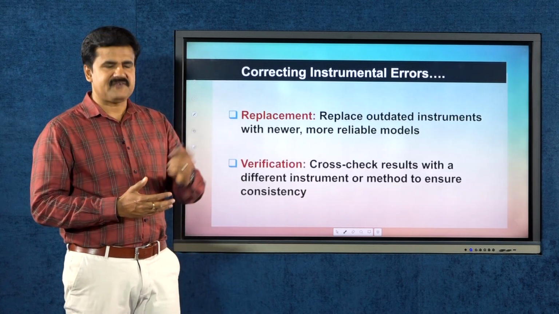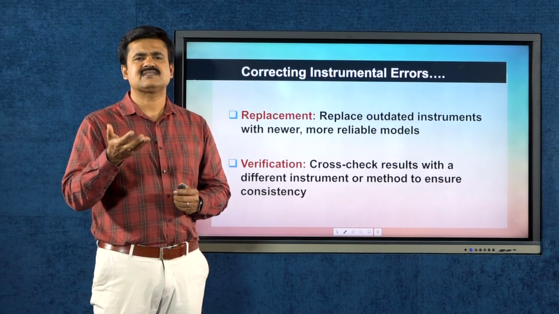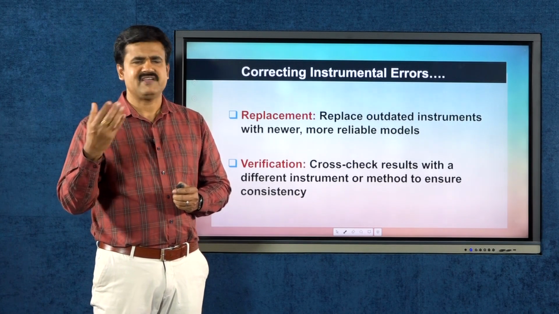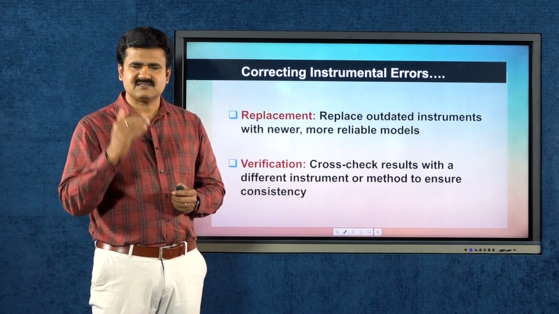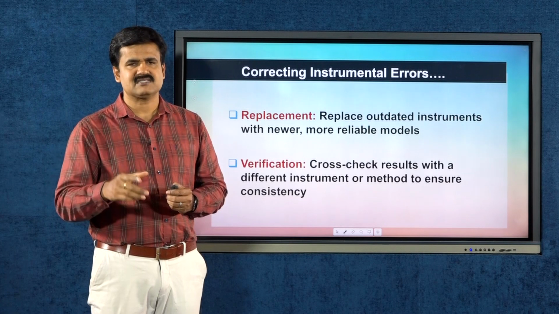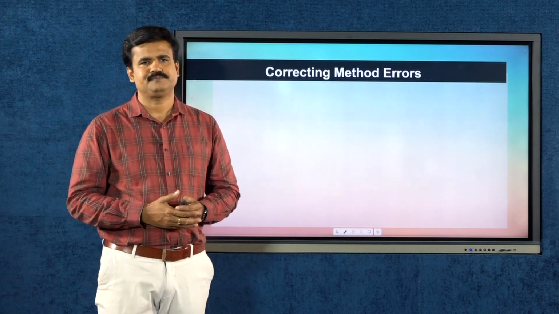Now, verification. You can cross-check the result with a different instrument or method to ensure consistency. That is, you can use an electronic balance to take the weight of a sample. You have to measure this weight in different instruments to check their consistency in the value.